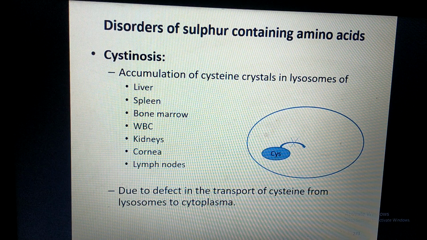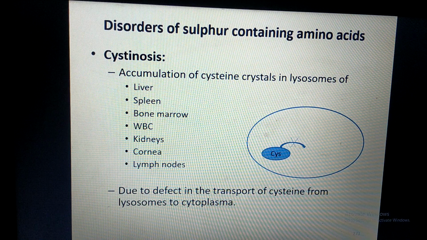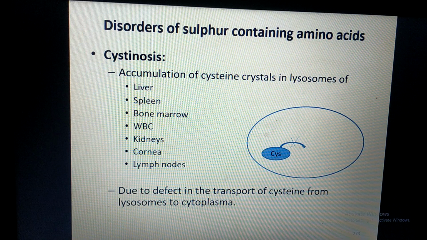In cystinosis, the lysosome will break the protein into amino acids. All the amino acids will enter back into cytoplasm except cysteine, because here again the transporters which are required for the transport of cysteine from lysosome to cytoplasm are absent.